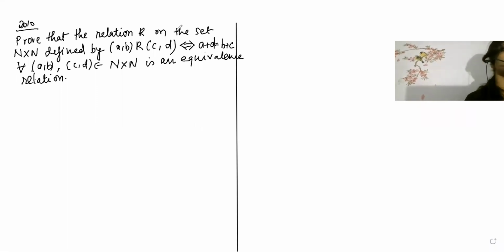So the relation R on the set N cross N is defined by this. So we understood one point, that the relation part is exactly coming like this, but it is only the incomplete question. The rest of the question I'm writing.